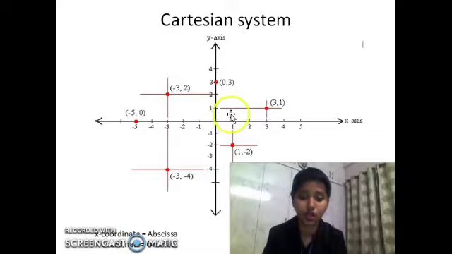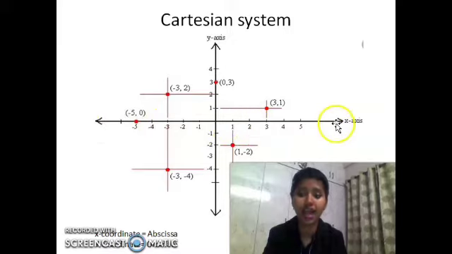Now if I want to represent these numerical values, they may be positive, negative, or 0. It can be anything. As you know, in the integers also we include the negative, 0 as well as the positive. So for the first parameter, to show all these values, I simply draw a line along the plane.